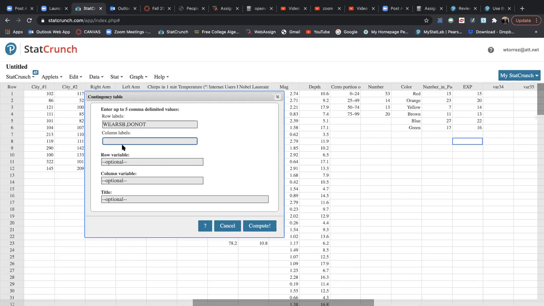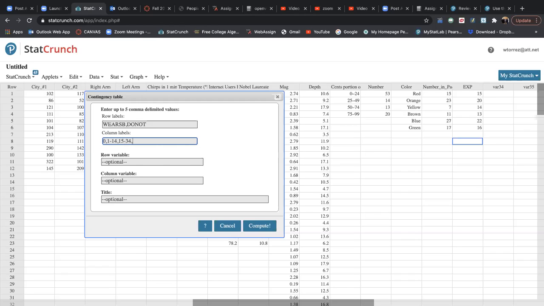And then the columns, we can label those by the number of cigarettes smoked per day: 0, 1 through 14, 15 through 34, and 35 or more.